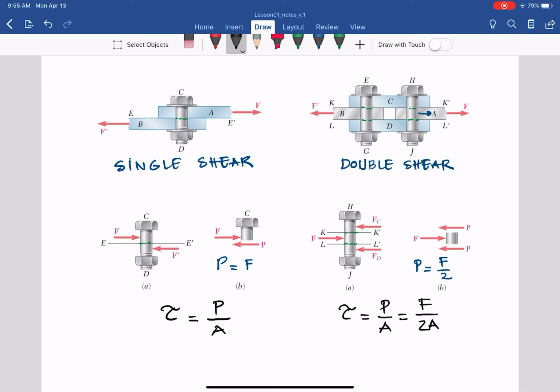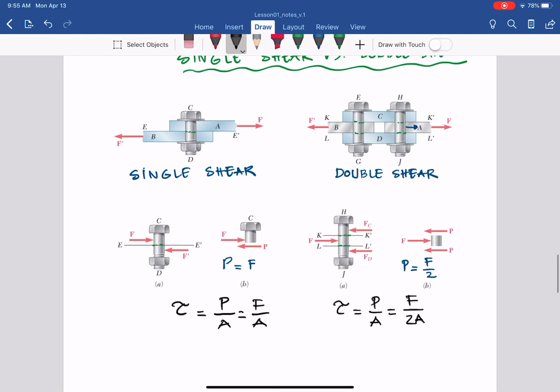What does that mean? The shear stress in the double shear is only half of the single shear. At P equals F on the single shear, it will be F over A. So that's the difference between the double shear and single shear. The shear stress is reduced by half in the double shear compared to the single shear. So practice the problems in worksheet 1E, so that you can see the shear stress.